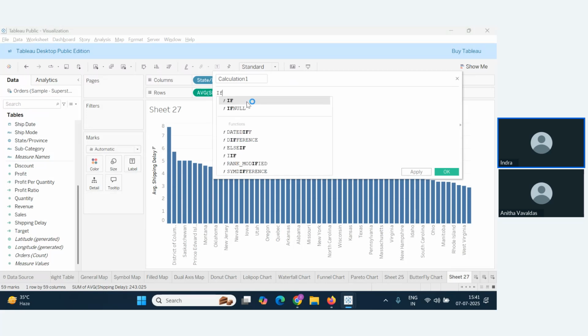Okay, I'll use here if the same function, if the date difference of order date is less than or equal to 2. Okay, if this value is less than or equal to 2, then I can consider this as fast shipping.